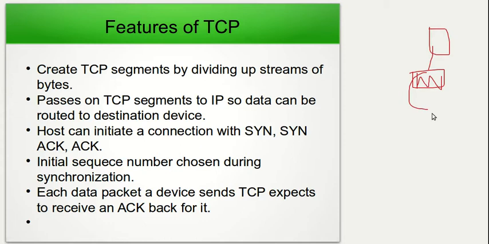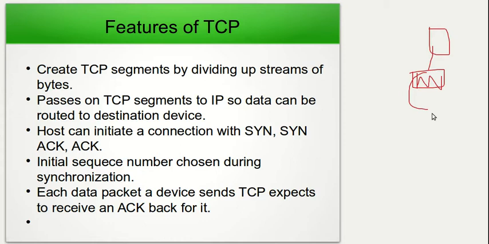It receives a stream of bytes, puts those into what's called a segment, and sends that segment down to the network layer so that IP can now encapsulate that traffic in a header so we can tell that data where it's going end to end.